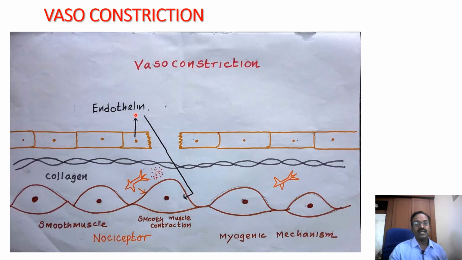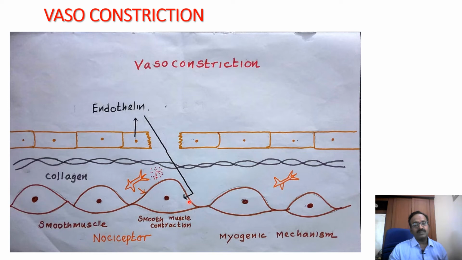During injury, the endothelium, collagen and smooth muscles are damaged. The vasoconstriction occurs due to the release of endothelin from the vascular endothelium. That endothelin produces smooth muscle contraction. This is one mechanism.